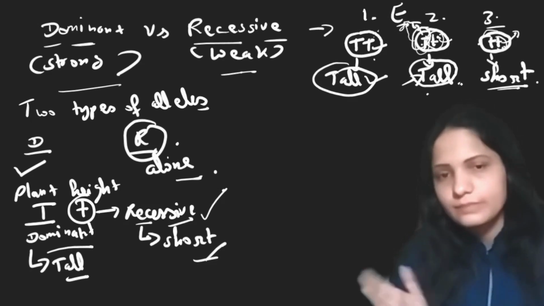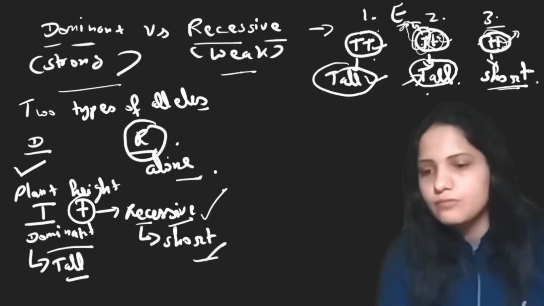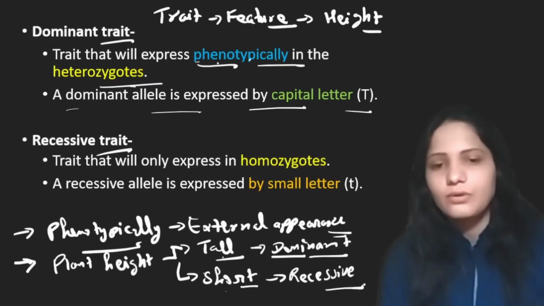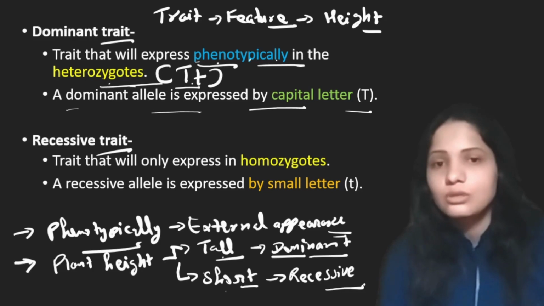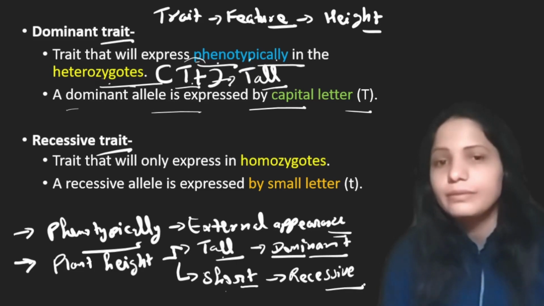Understood the logic behind dominance and recessiveness? So if I move to the previous slide, here we have that a trait that will express phenotypically in the heterozygote. In the heterozygote means this situation. The trait which will be expressed in this situation is dominant. And in the example, we have seen which trait will be expressed in this situation: tallness. The plant will be tall.